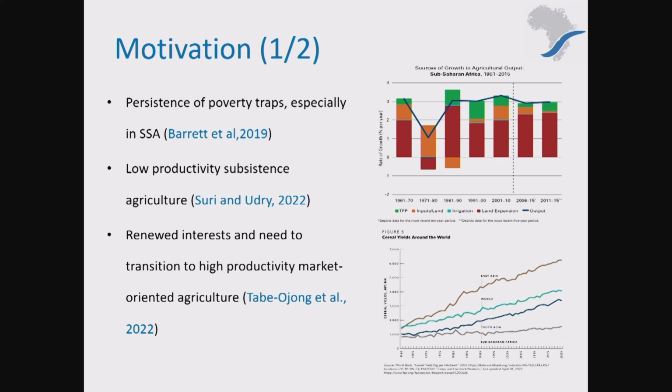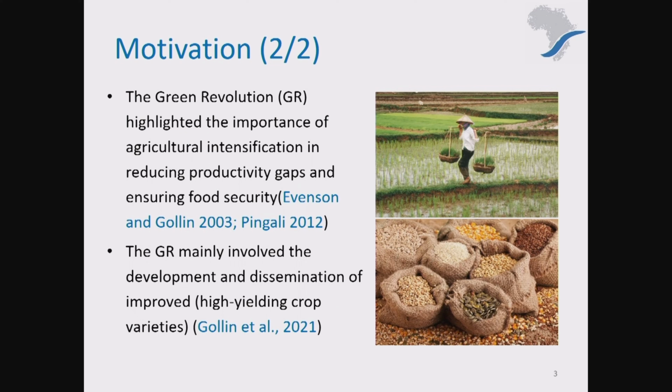And given that there's been this big push to move smallholder farmers from low productivity subsistence agriculture to high productivity market-oriented agriculture, one key thing when we talk of improving productivity is that many researchers have learned from the successes of the Green Revolution in Asia, which really improved agricultural production and was able to have ensuing impacts on food productivity, but also to reduce poverty.